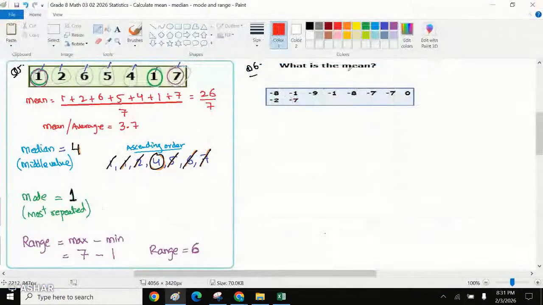So in order to find the mean, we need to add all these numbers. So we can say -8 is added to a -1, is added to a -9, that's added to -1. We know the rule for addition of negative numbers, right? When negative numbers are added, we simply add the numbers.